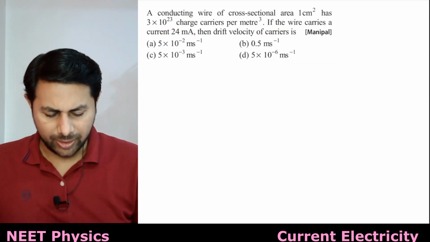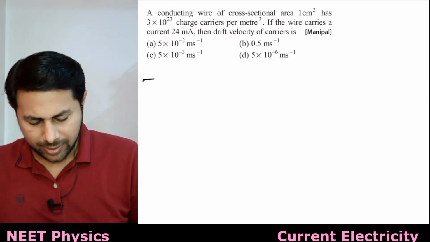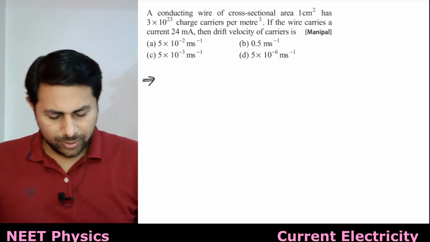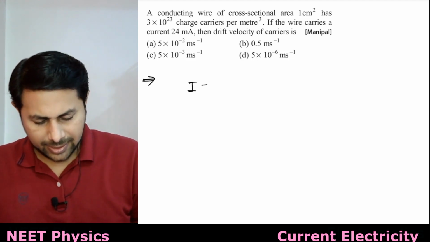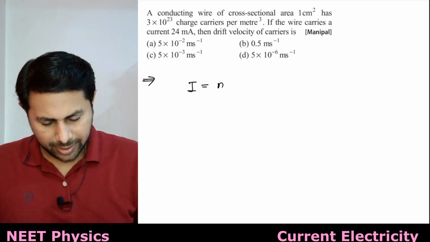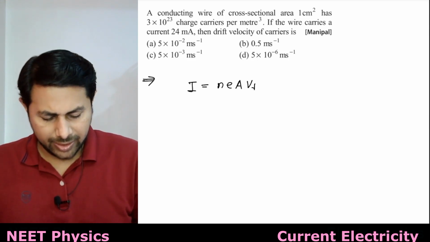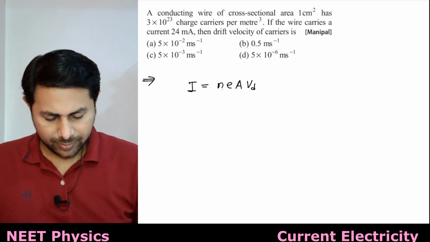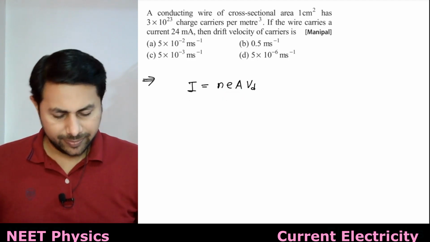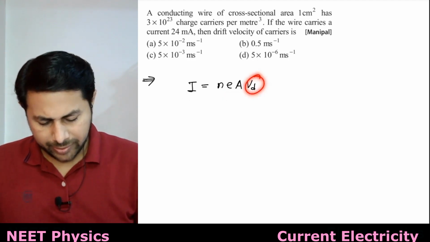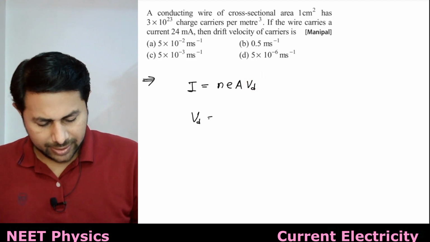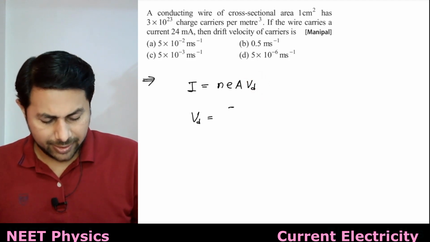What is the drift velocity? This is the question. So you know that I is equal to NEA VD. You have this formula. We want VD, so VD is equal to I divided by NEA.